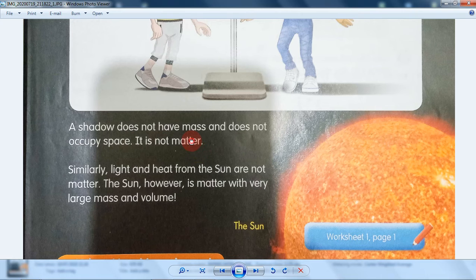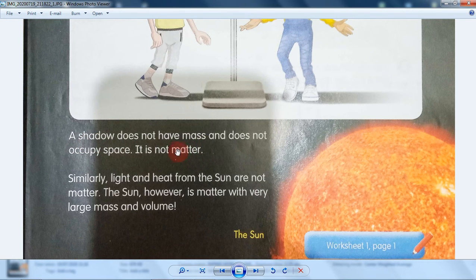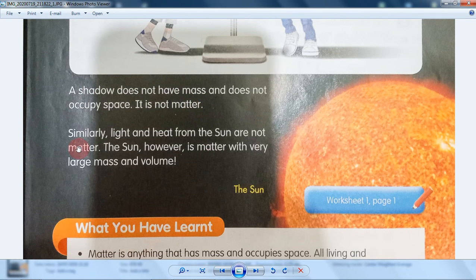So just remember it, guys. Children, the shadow is not matter. Similarly, light and heat from the sun are not matter. The sun, however, is matter with very large mass and volume.